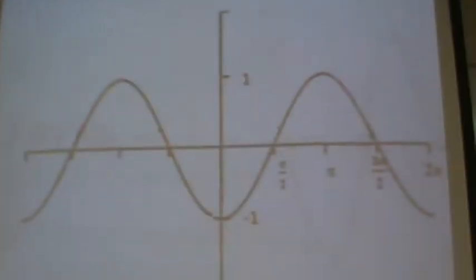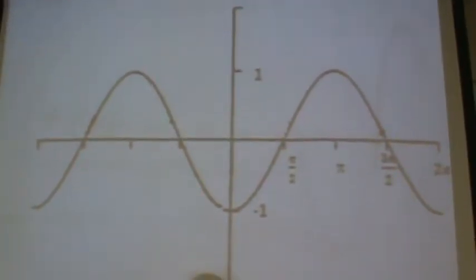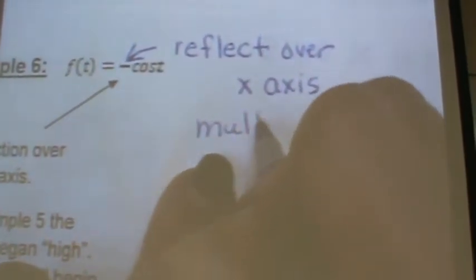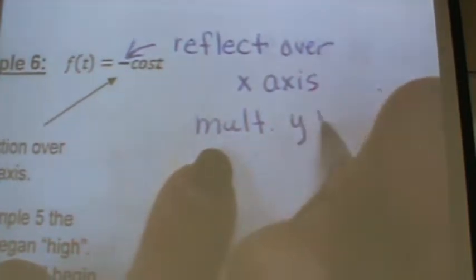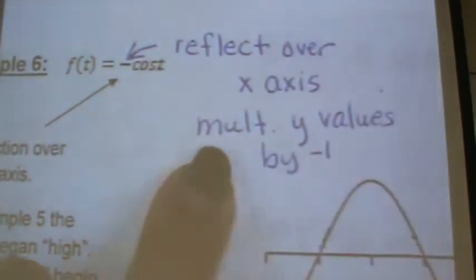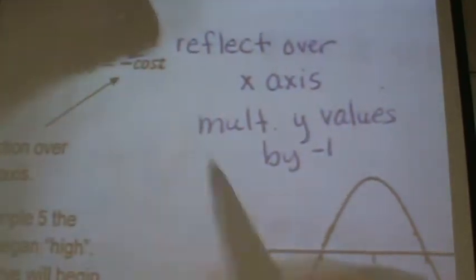Let's just talk about this negative cosine one. So, the negative tells you what? It's a reflection over the x-axis. Or you could think about it by multiplying the y values by -1. So what y values are you talking about?